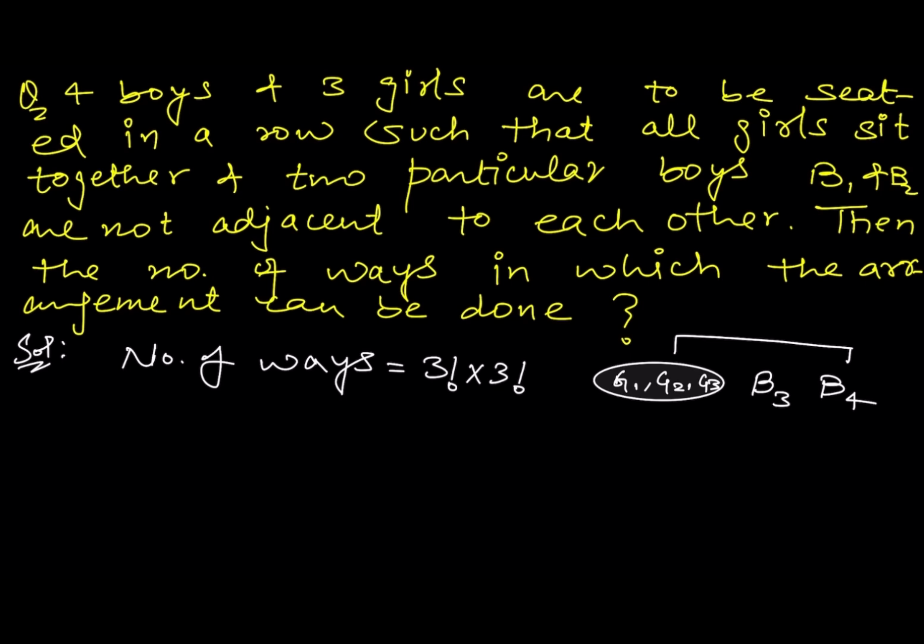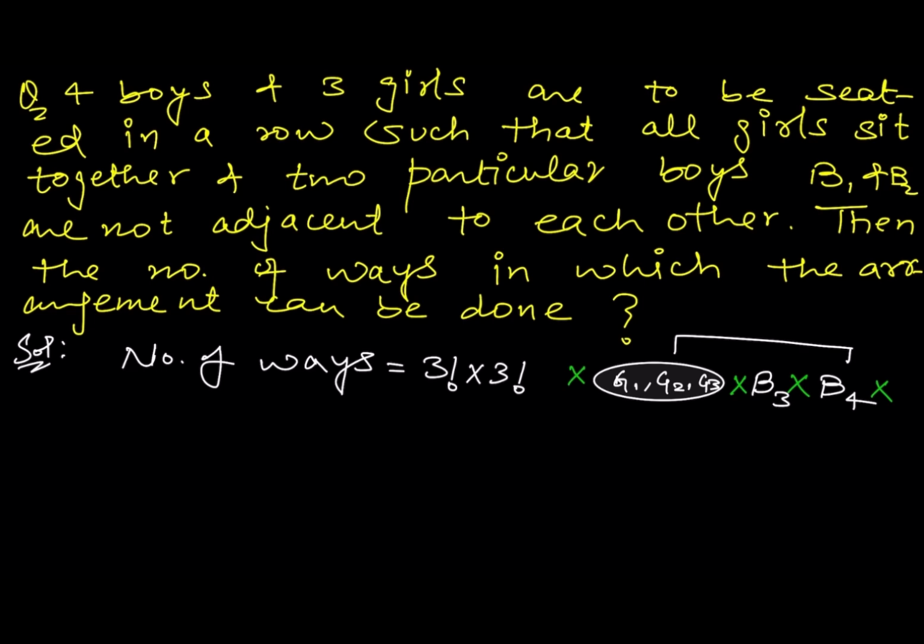So among these 3 units we are creating 4 gaps to place these 2 boys so that they are never adjacent. So in how many ways can this be done? 4C2 into 2 factorial ways.